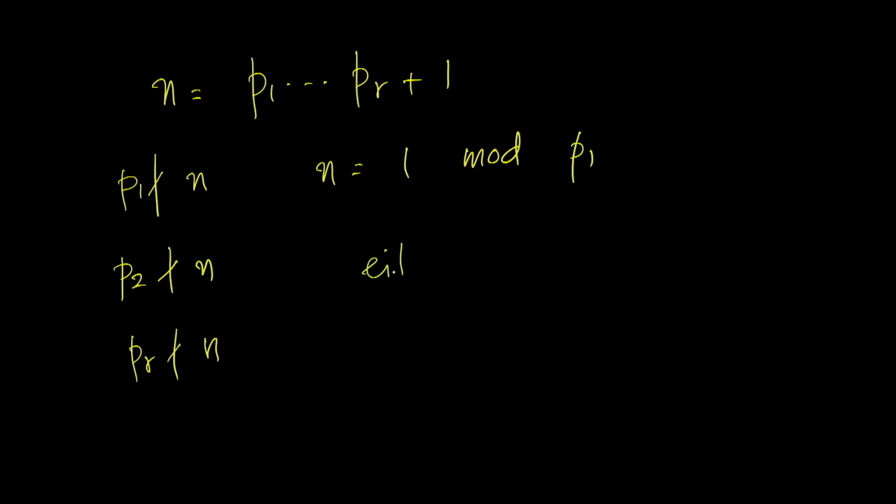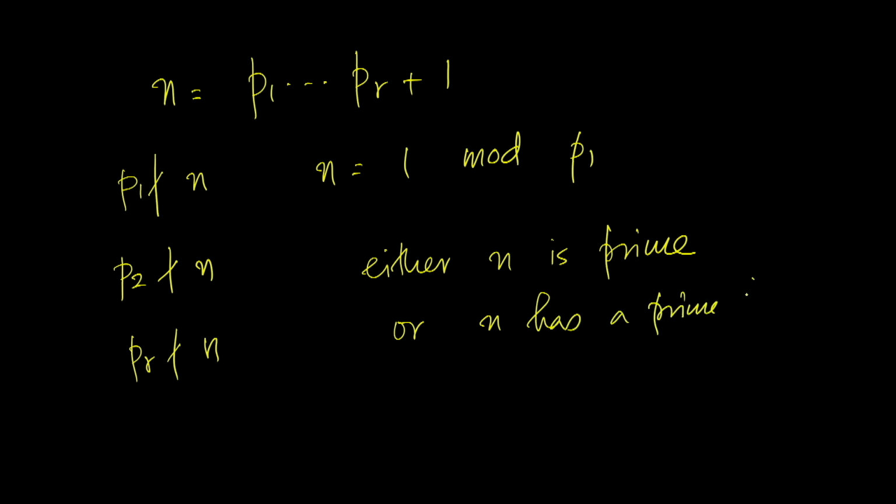Therefore, either n is prime, which is a contradiction because we assume that P1 through Pr are the only primes. Now, n is a number which is larger than Pr. Therefore, this cannot be. Or n has a prime factor other than P1 through Pr, which again is a contradiction because we have assumed that Pr is the largest prime and P1 through Pr are the only primes available.